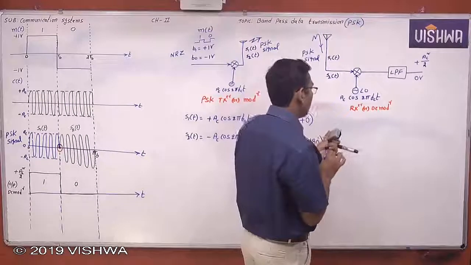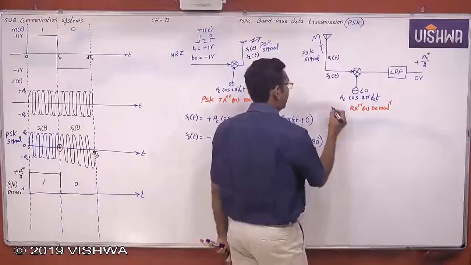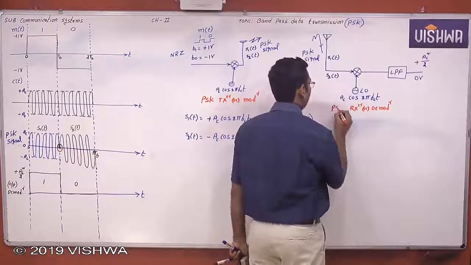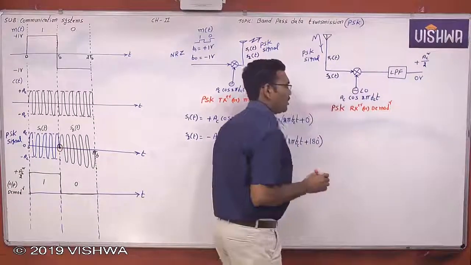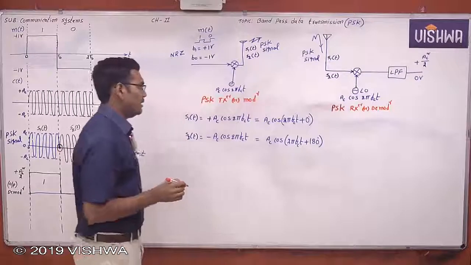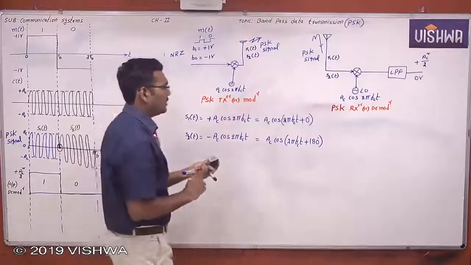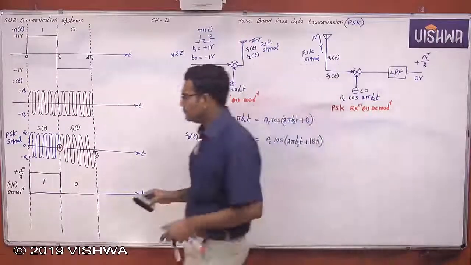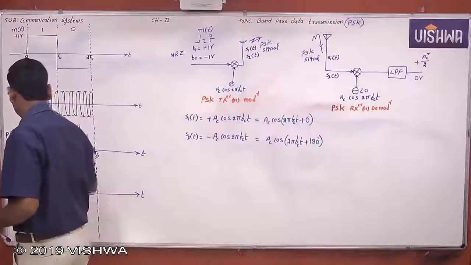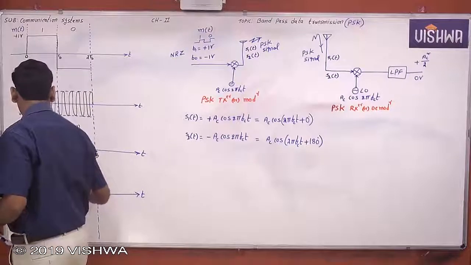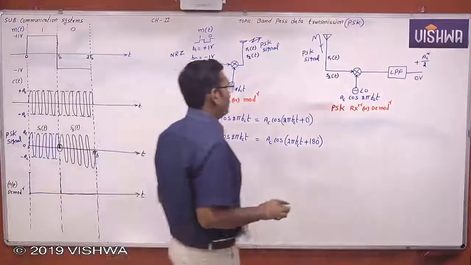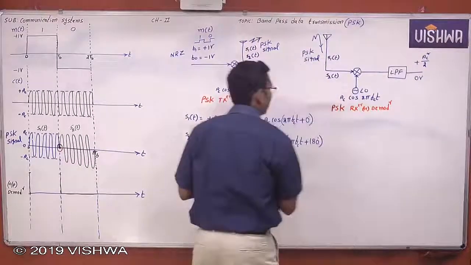Therefore, this is called a coherent detector. This is the PSK receiver or PSK demodulator.